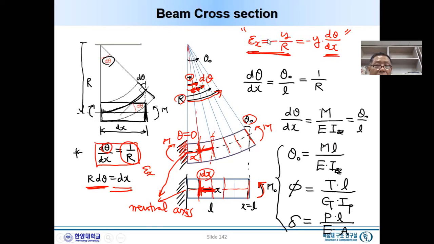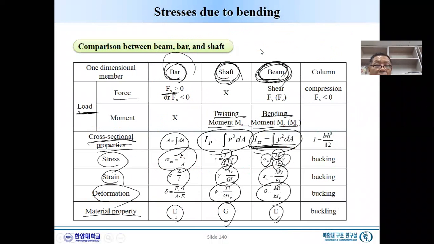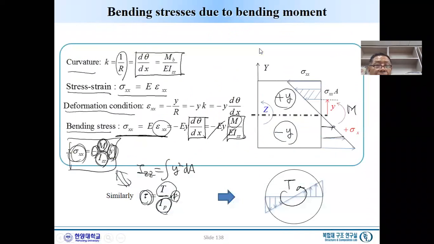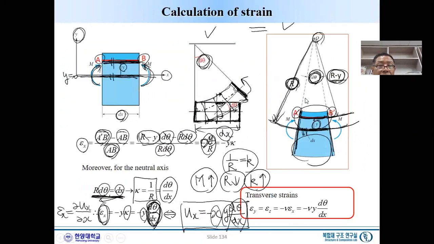Say pay attention to AB, which is located at y equal y, an arbitrary position relative to the neutral axis.